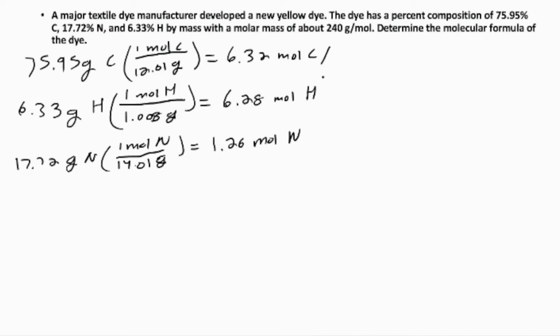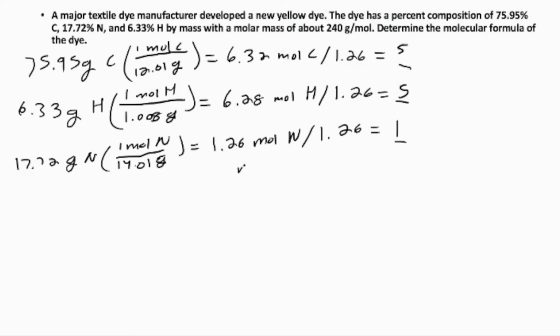And just like last time, we want to divide each one of these by the least number of moles that was calculated, which was in this case 1.26. So if we divide the first one by 1.26, we get about 5. And that's for carbon. If we divide the second one, which is hydrogen, by 1.26, we also get about 5. And finally, if we divide 1.26 by itself, we get 1. Okay, so now we have the mole ratio once again.